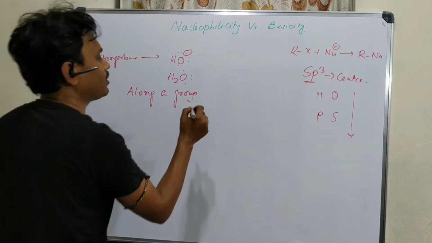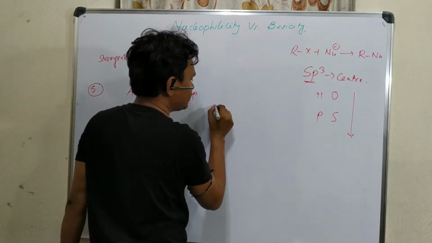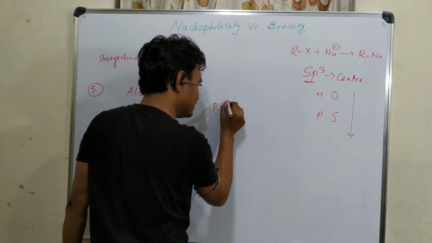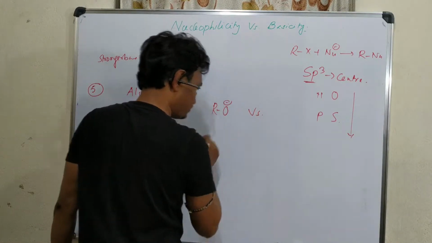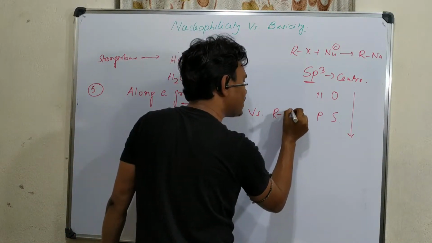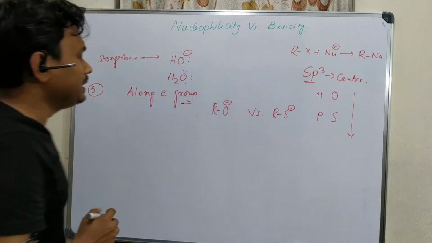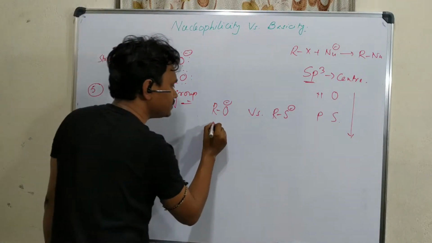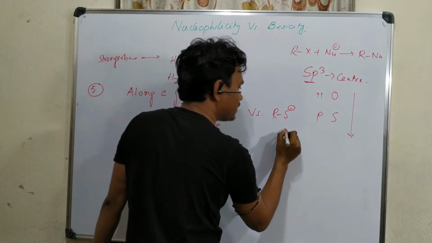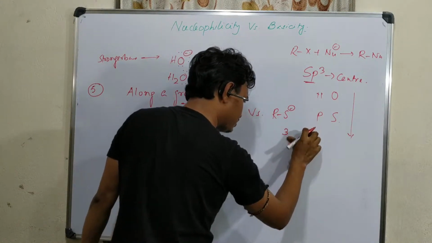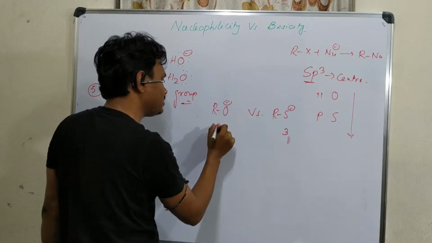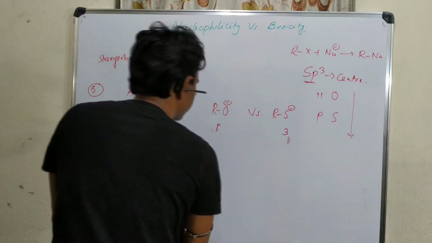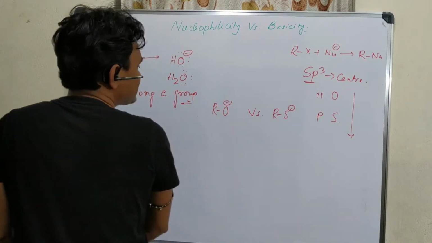Let's take the example of oxygen, RO minus versus RS minus. In case of oxygen, it is 2p, a second row element. In case of sulfur, it is 3p, a third row element. So what happens in this case?